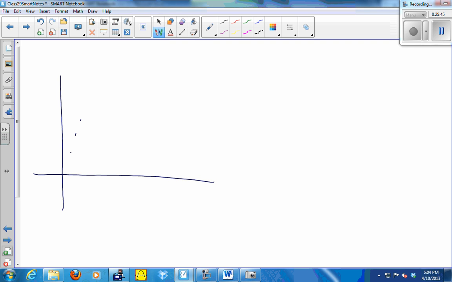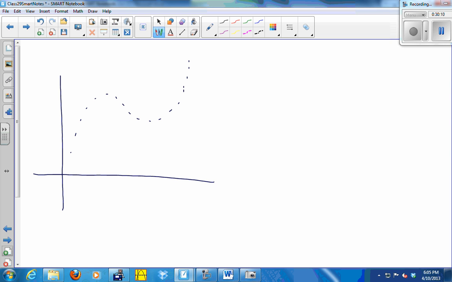Imagine your data looks like this. I have to decide what degree polynomial to use to model it. Well, I know to get 2 extrema, I can't use a quadratic, right? Because the most extrema a quadratic can have is 1, 1 less than the degree.